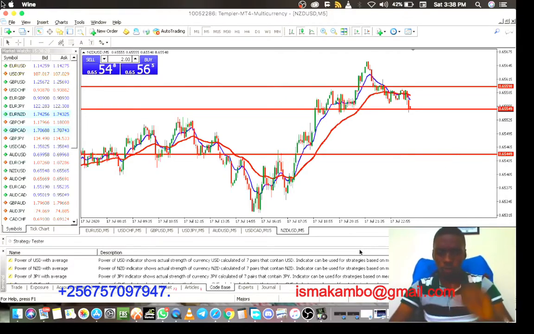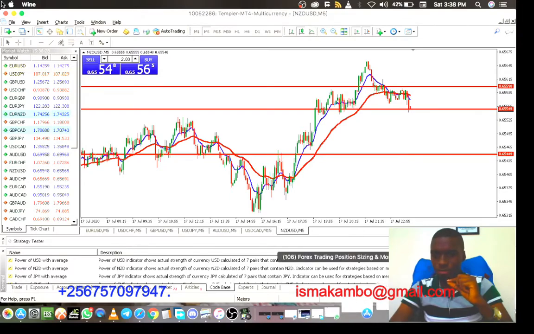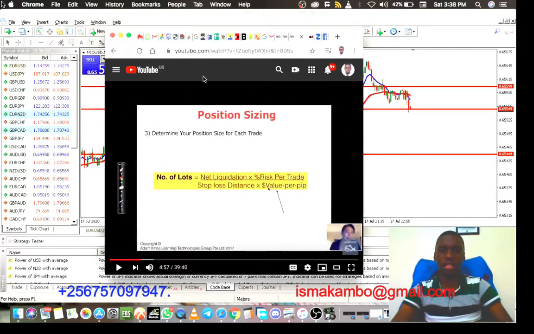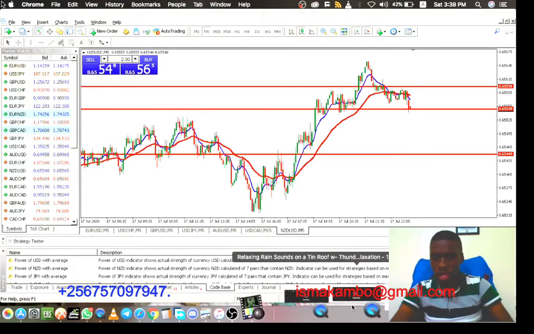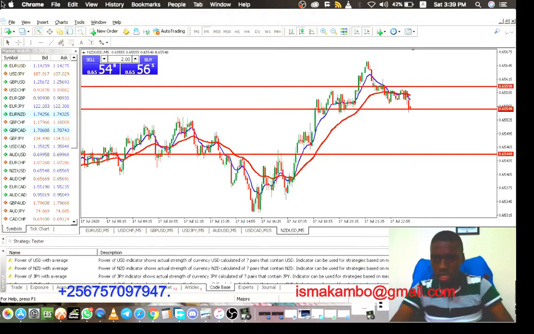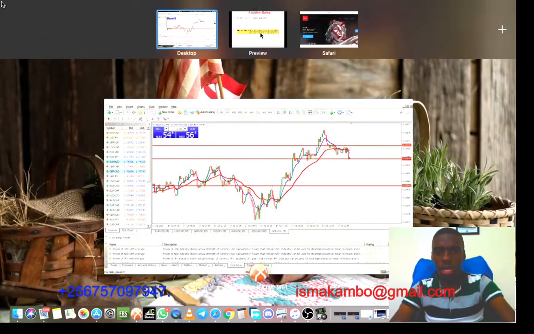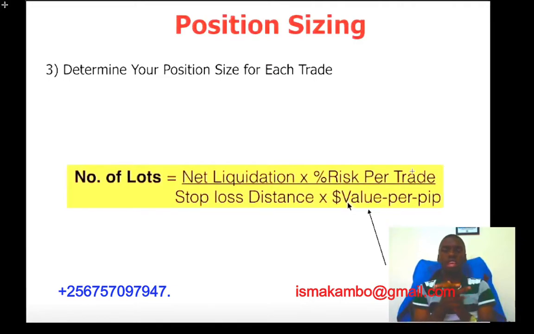What we do, we apply this formula. This is how the formula works.